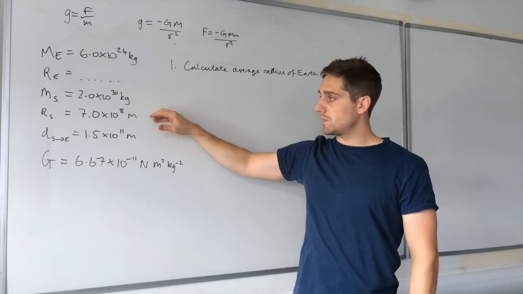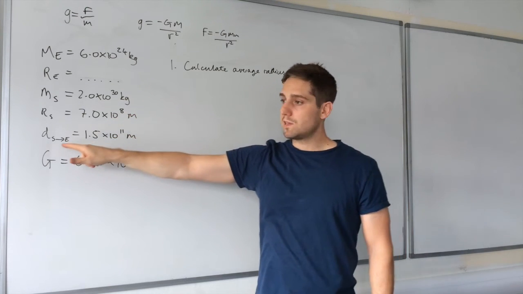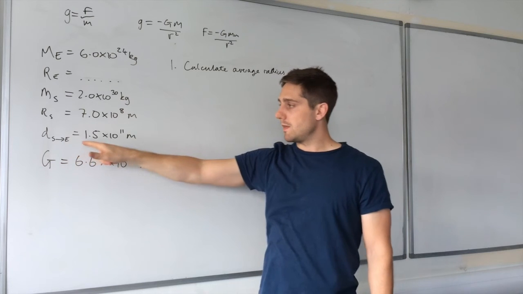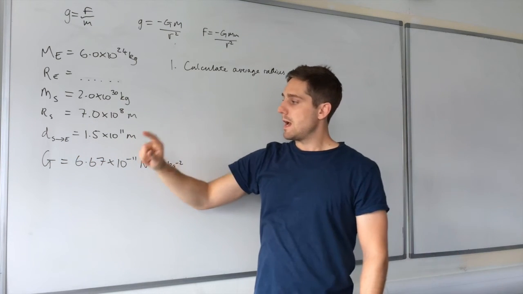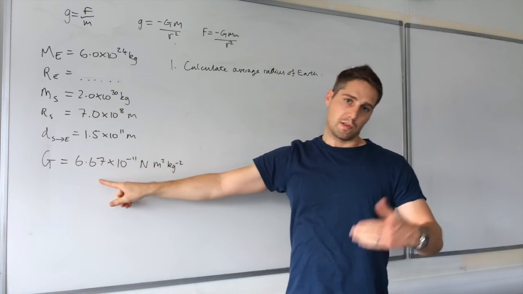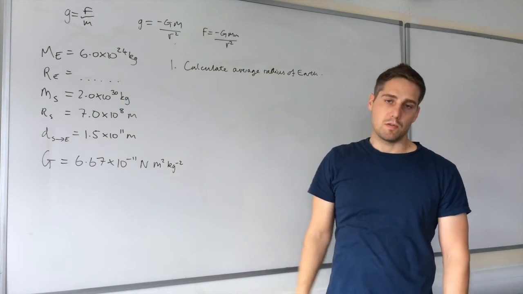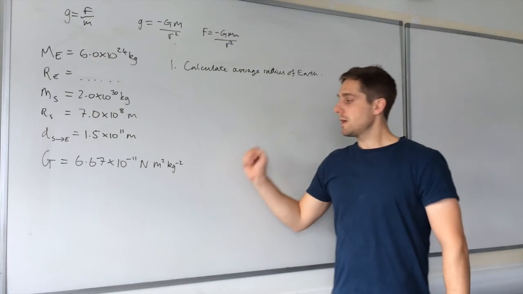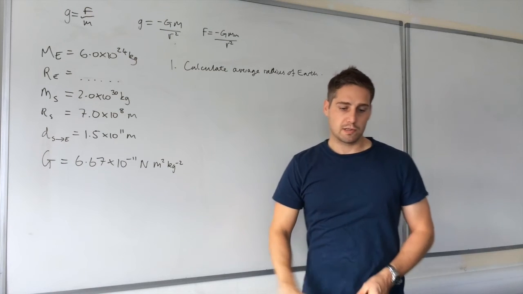The radius of the Sun, 7.0 times 10 to the 8 metres. The distance between the centres of the Sun and the Earth is 1.5 times 10 to the 11 metres. And then the universal gravitational constant, a value you've already seen, 6.67 times 10 to the minus 11 newton metre squared per kg squared. So using that data and these equations, we're going to do a couple of calculations.